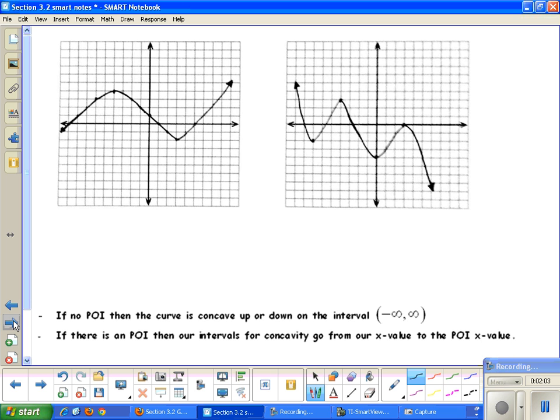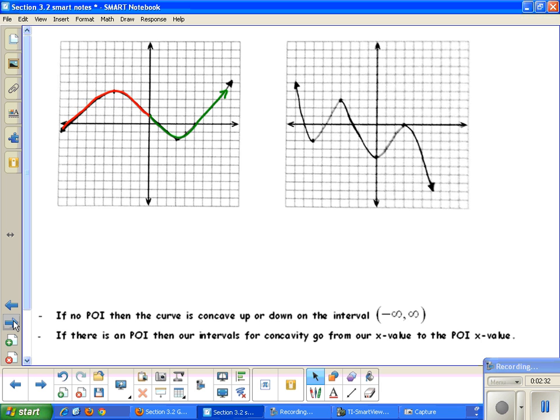So if you look at this graph, you'll notice that from -infinity to somewhere in here, it looks like our curve is bending downwards. And then from this point to infinity going this way, it looks like our curve is bending upward, so concave up.